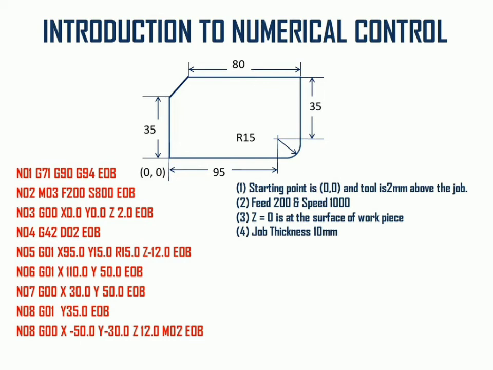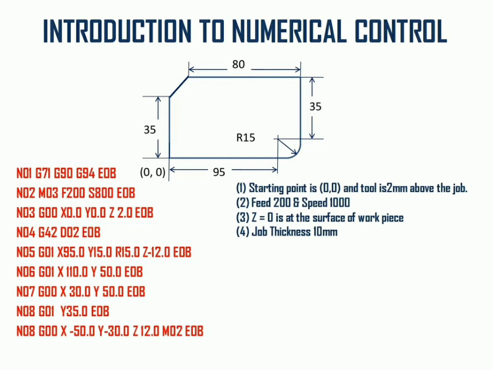So Z minus 12.0, EOB. Then the next instruction block N06, machining operation from this point to the next point, that is G01 X110.0 Y15.0, EOB. Then from point 2 to point 3 we need to move the tool for machining continuously. So X30.0 Y50.0, EOB.